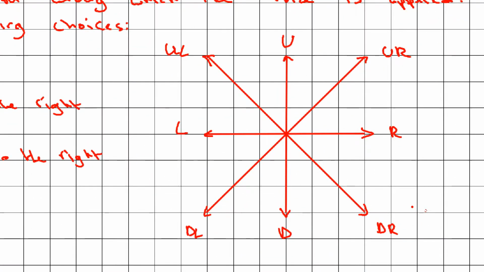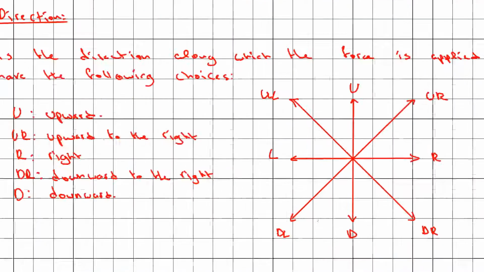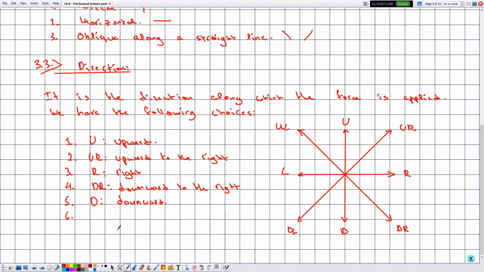So whenever we are describing directions, we always start by the vertical, then the horizontal. So in this case, we move down, then to the right. Now fifth choice is given by downward. And choice number 6 is given by downward to the left.